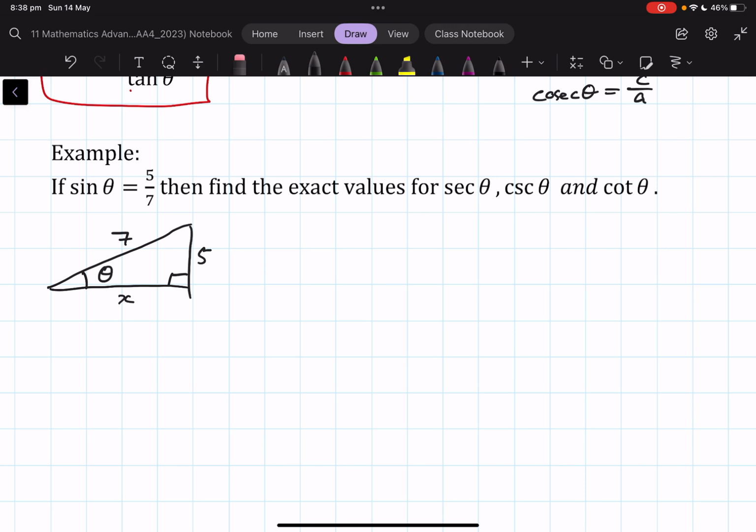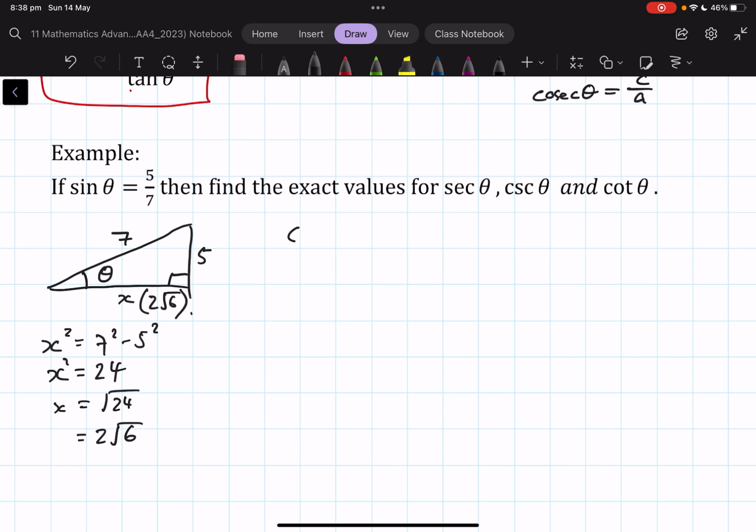If x is the adjacent side, then x squared equals 7 squared minus 5 squared. That's 49 minus 25, which is 24, so x is equal to the square root of 24, which simplifies to 2 root 6.